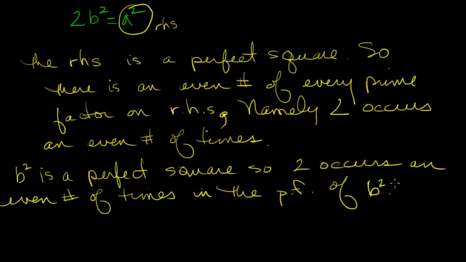Remember, if it didn't occur at all, then it occurs 0 number of times, and that's an even number too. So regardless of what b is, 2 being a prime occurs an even number of times in its prime factorization.